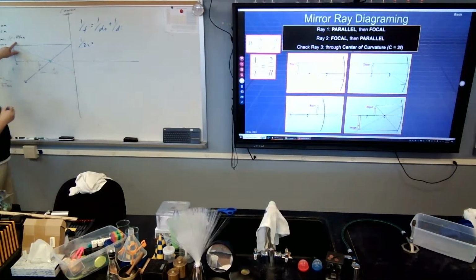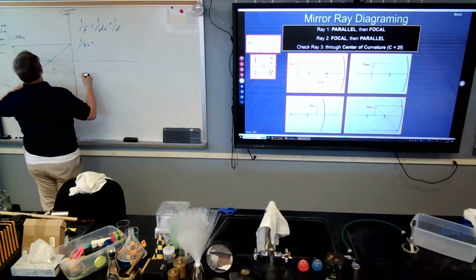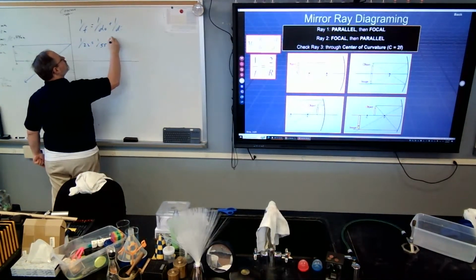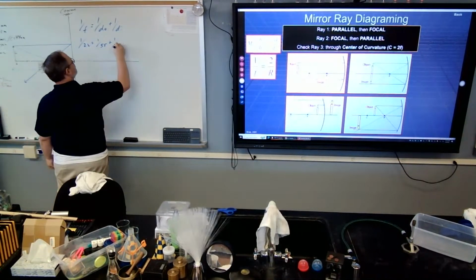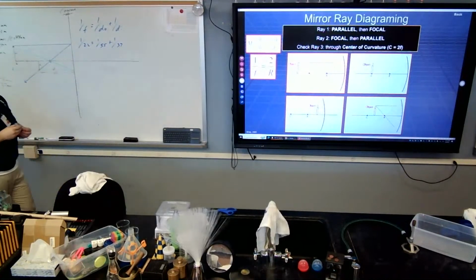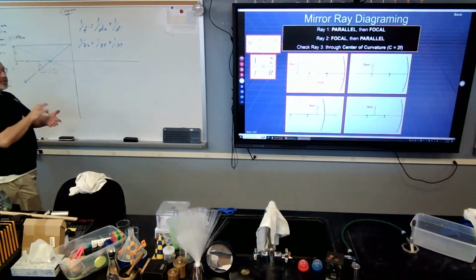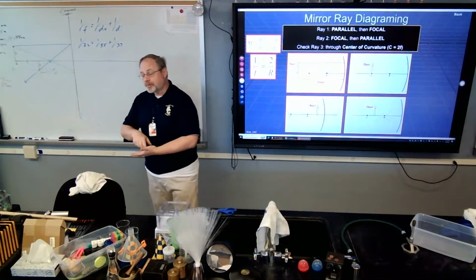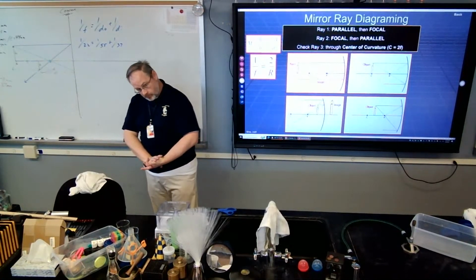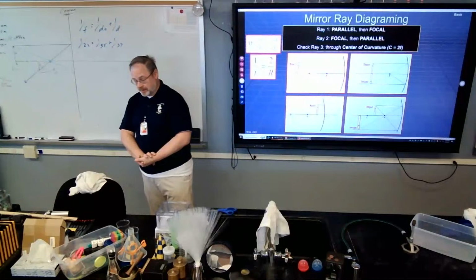By the way, I made sure I just doubled the F to get C. Sometimes you're given C and not F, so halve C and you get F. Sometimes you're given F and not C, so double F and you get C. So 1 over 22 equals 1 over 55 plus 1 over DI, 37. The way I put this in the calculator is 1 divided by 55 plus 1 divided by 37, enter, reciprocal. Don't forget the reciprocal at the end.